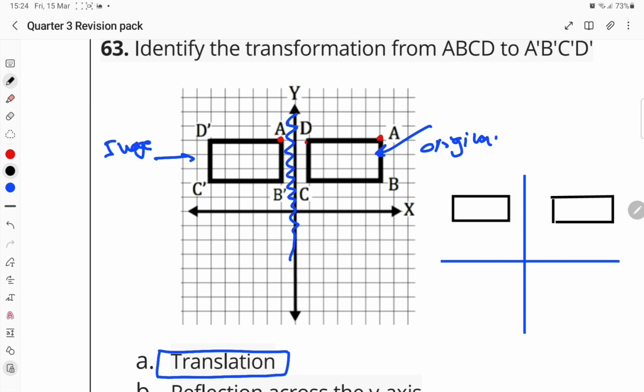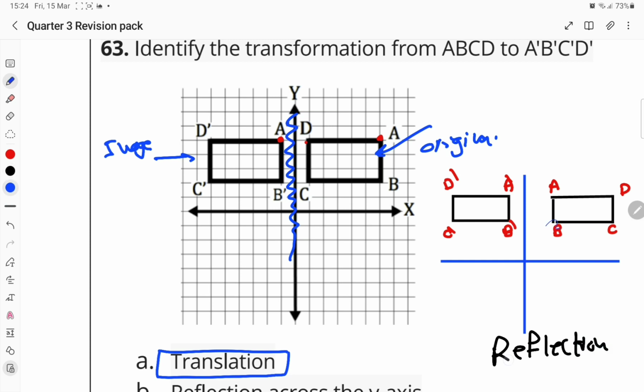Both of them are the same. And I have A, B, C, D. And here is A prime, B prime, C prime, D prime. In this case, is it translation or reflection? Yes, this case is a reflection.